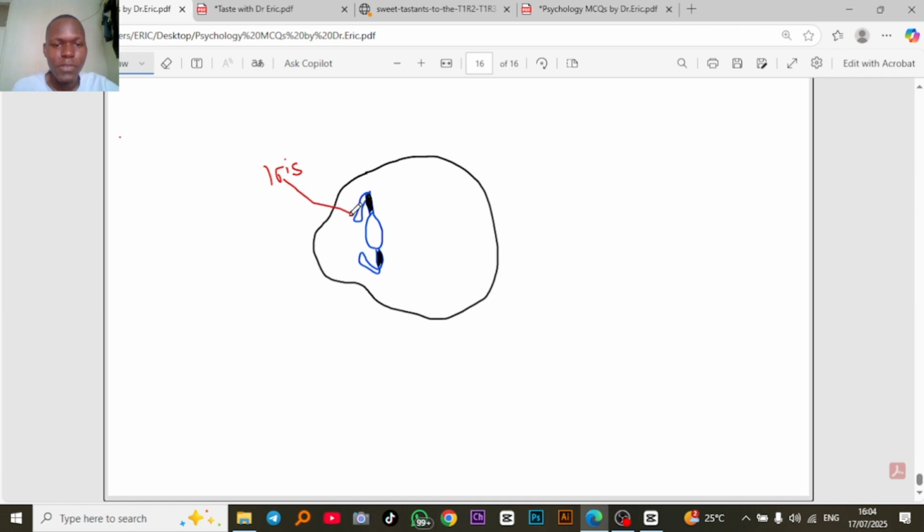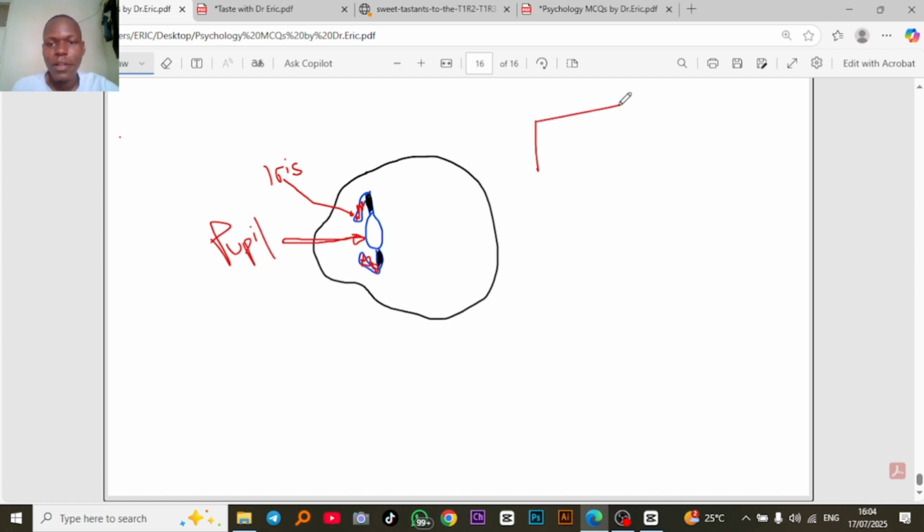I'll use this. The colored portion is known as the iris. And when you look at the iris, there is a space that remains in between the two layers, and that space is what you call the pupil.